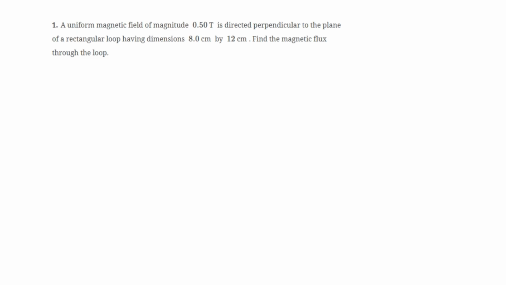So what do we know? Well, in this case, we know that we have a plane here. And then we have a magnetic field that is perpendicular to this plane.